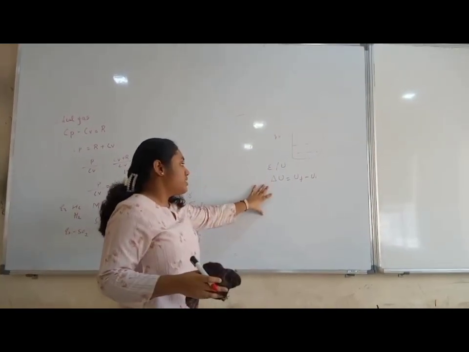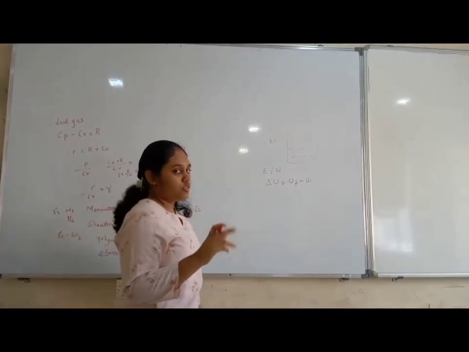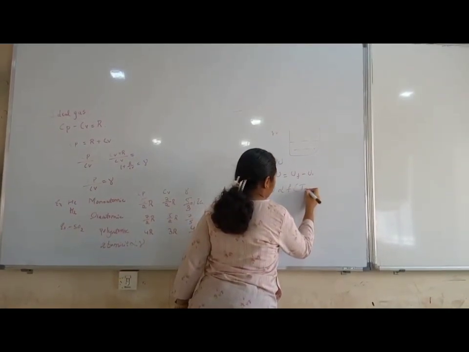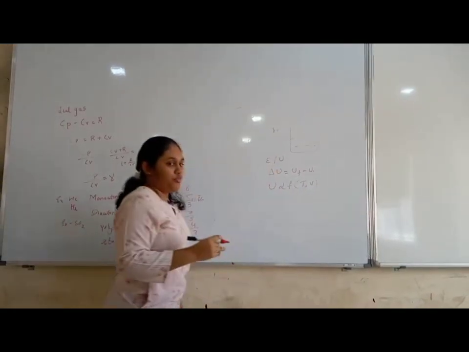So here delta U depends on two things. U is a function of temperature and volume.